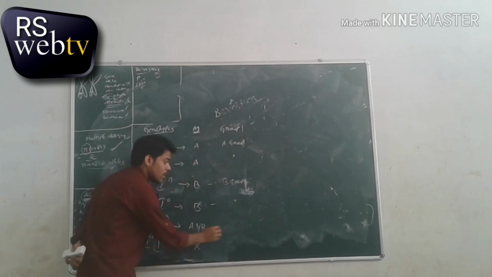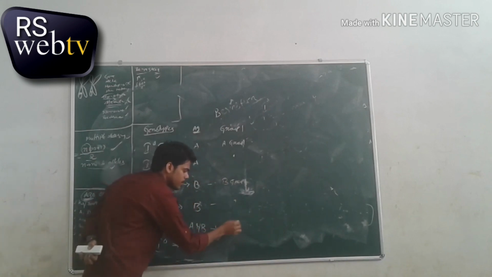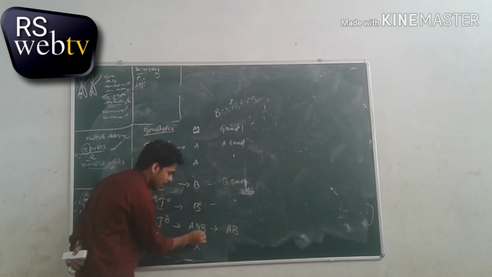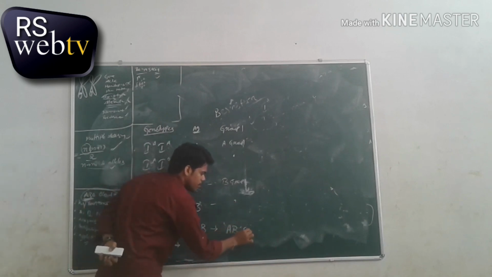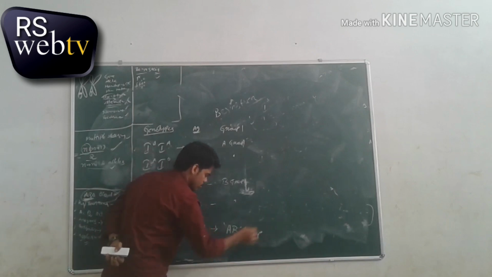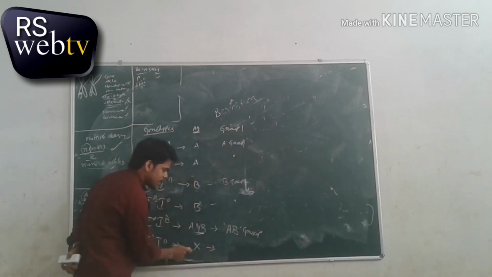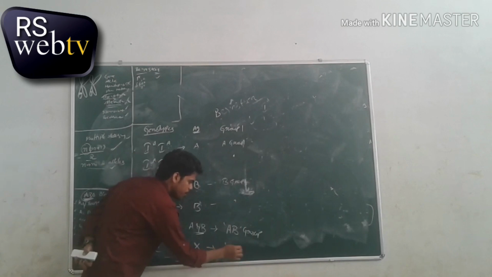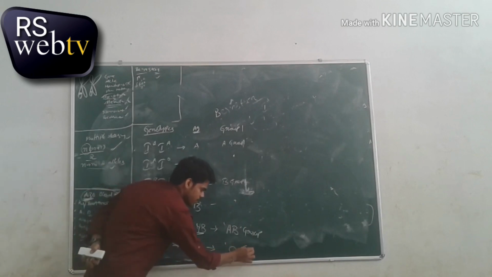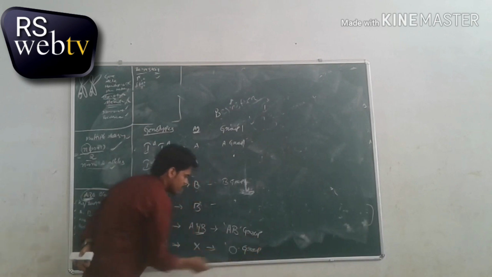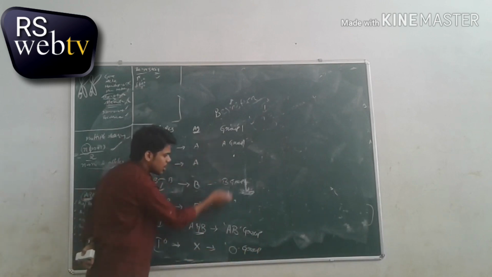This is AB group, not A and B group. Here A and B antigens are present. This is AB group. No antigens are present, so it is called O group. Don't write O here, O group. These are the antigens, these are the groups.